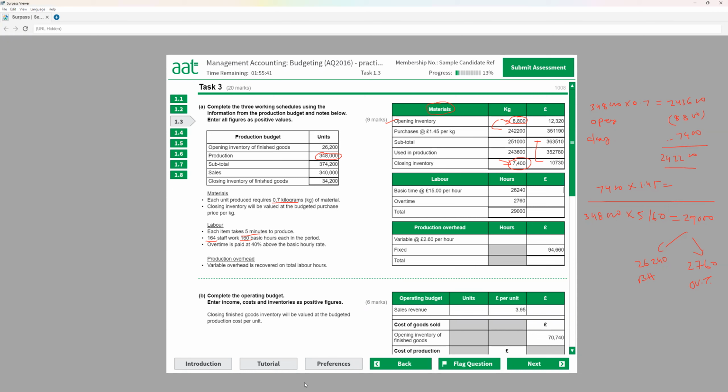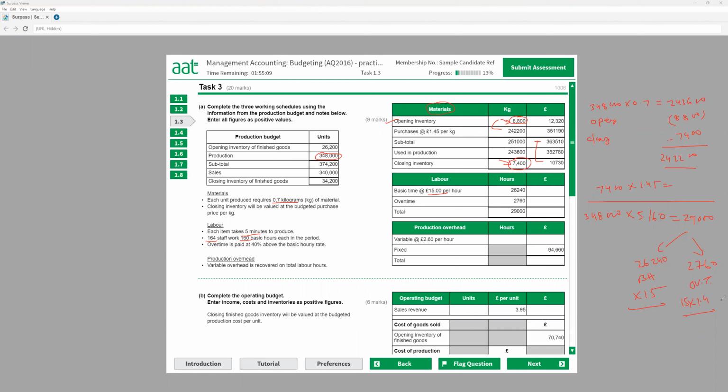The rate we have here for the basic is 15 per hour, so times by 15. And the next one, it says 40% extra. So it's 15 times 1.4. It's 40% extra. You can do 40% on 15 as well, same thing. So then you multiply with that.